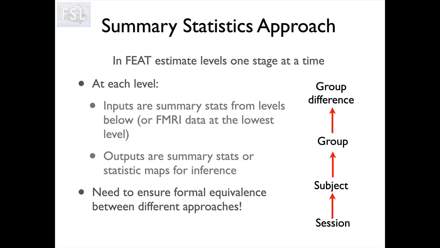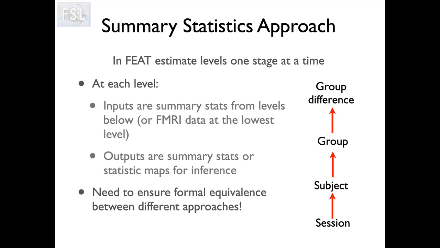So instead of the all-in-one approach, we generally use the summary statistics approach, and that simply breaks everything down. And so this is already what you've seen. We do individual sessions on their own to start with. So we're looking at one run in the FMRI. Often that's the only one that you would have for a particular subject. So often we don't have multiple sessions per subject, and we would collapse that, but you might.